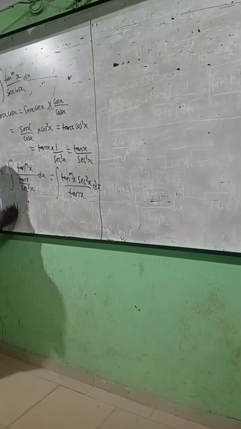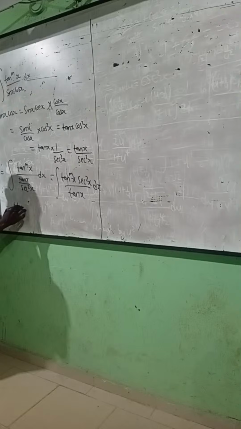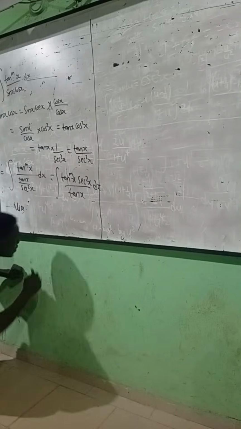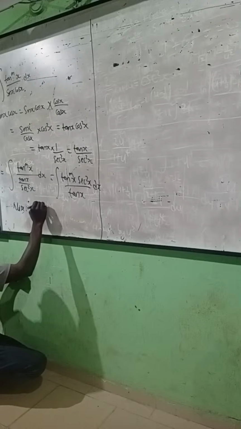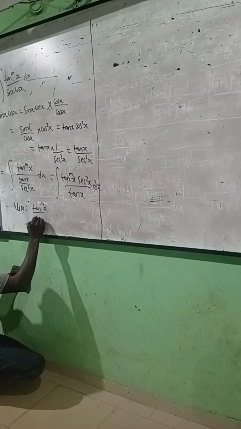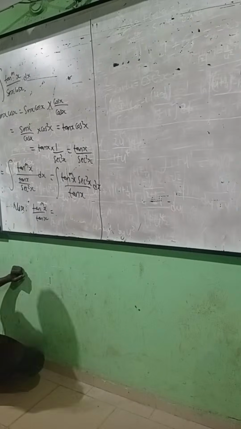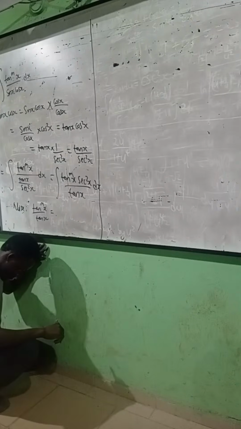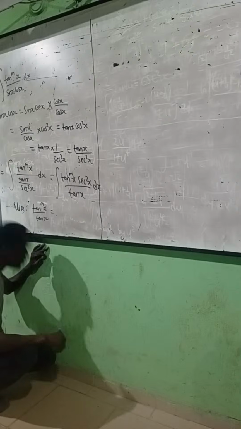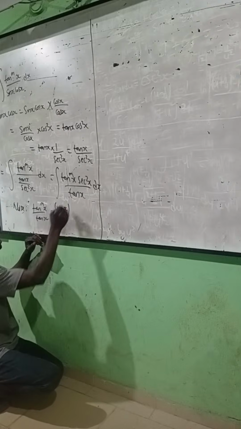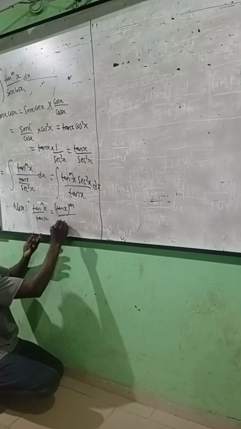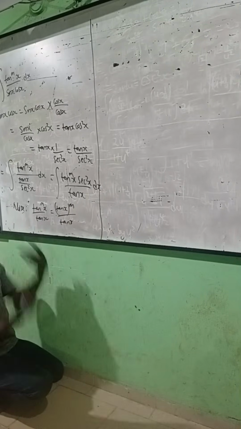Note. Tan to the m of x over tan x equals, no, it's just like the one that we understand. Am I right? Yeah. Maybe this square, you can break it out.